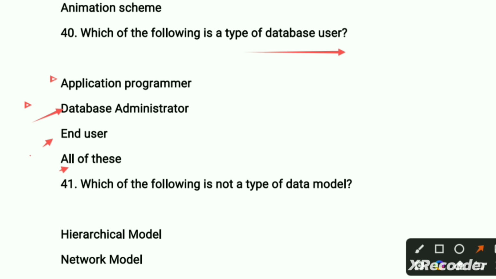So that is end user. So our right option is all are the types of database user: application programmer, database administrator and end user. So move to our next question.